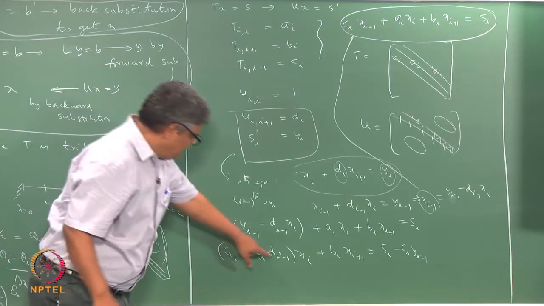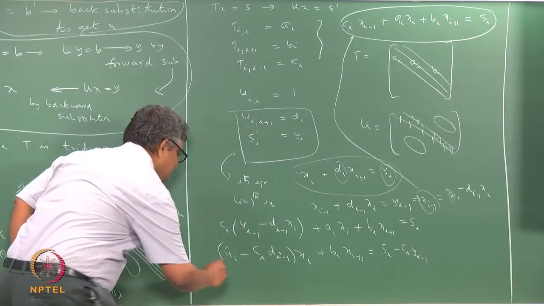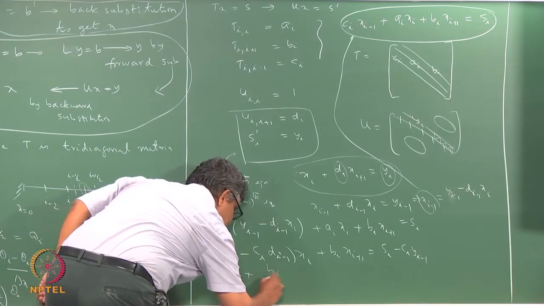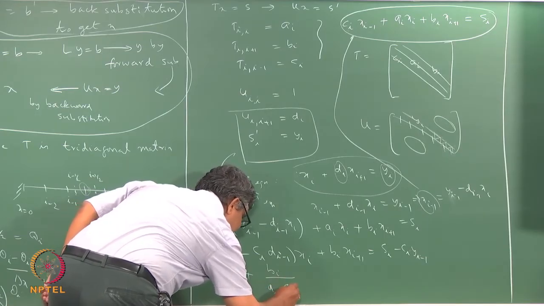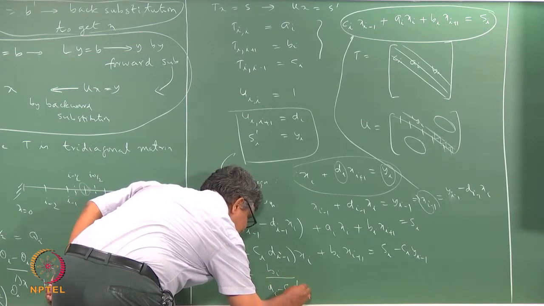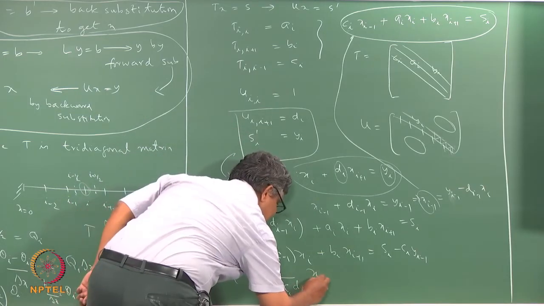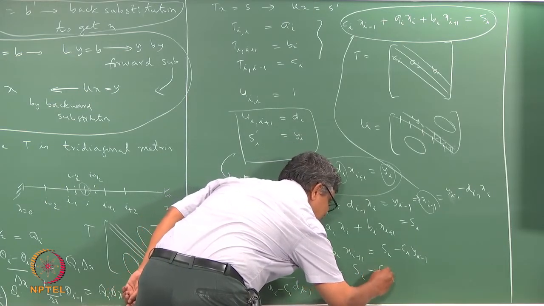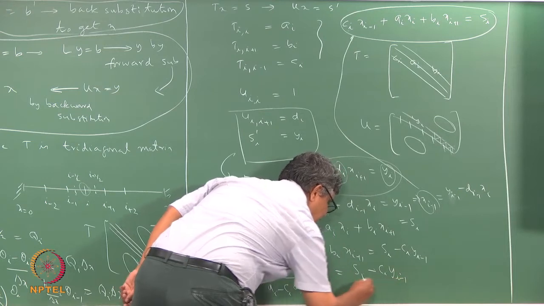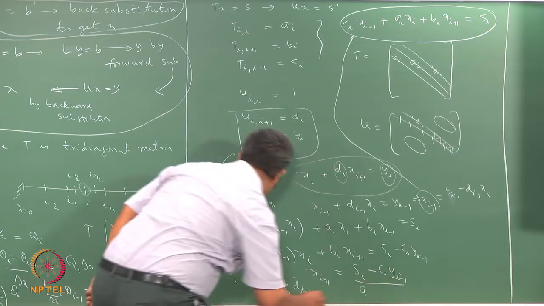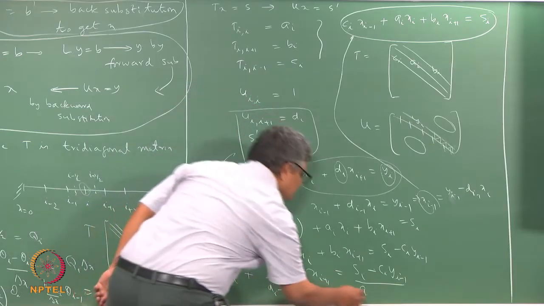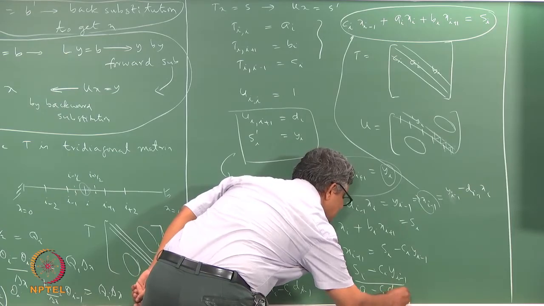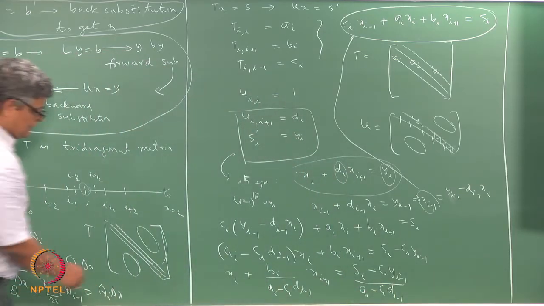So, we can divide this whole thing by this and write this as xi plus bi by (ai minus ci di minus 1) times xi plus 1 equal to (si minus ci yi minus 1) divided by (ai minus ci di minus 1).